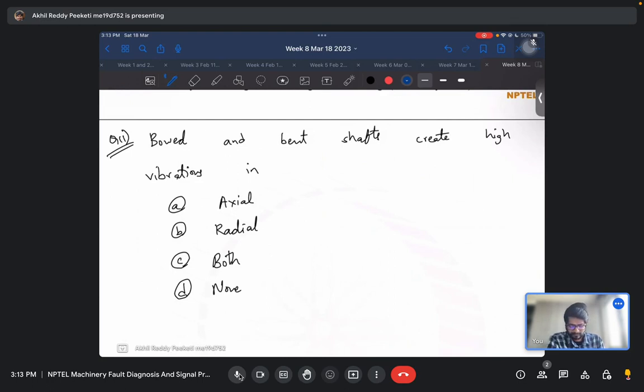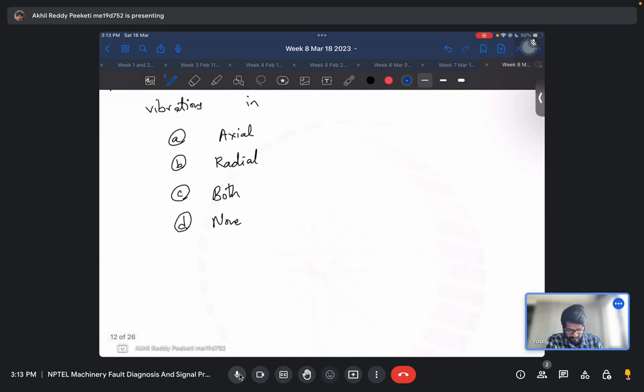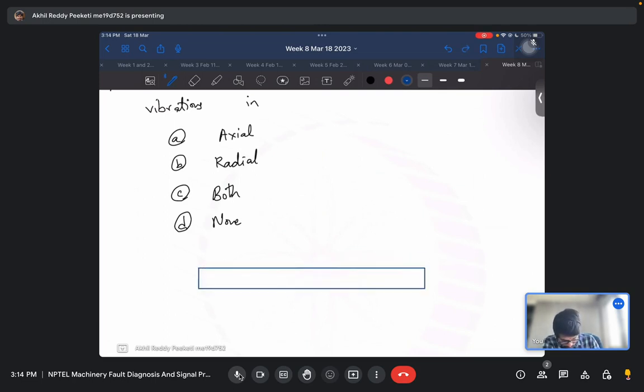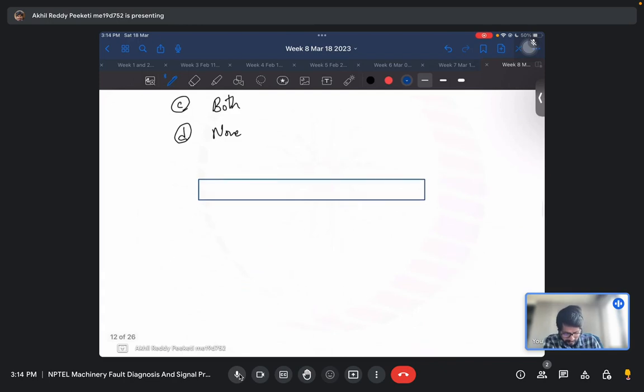Next question. So what if we have bowed or bent shafts? So that is, shafts, instead of being perfectly straight, like this, they might be slightly bent or bowed.